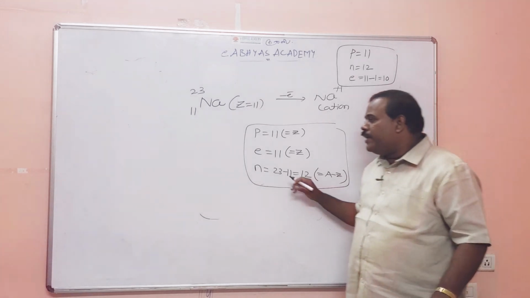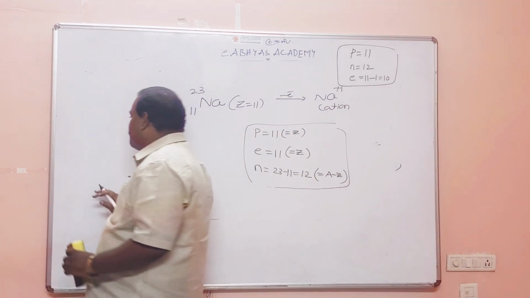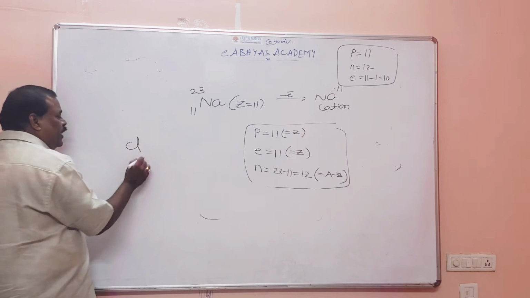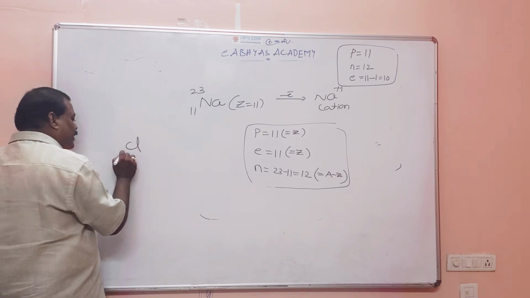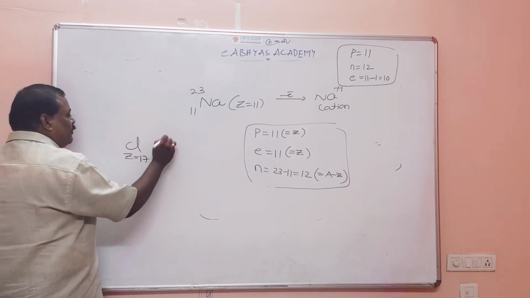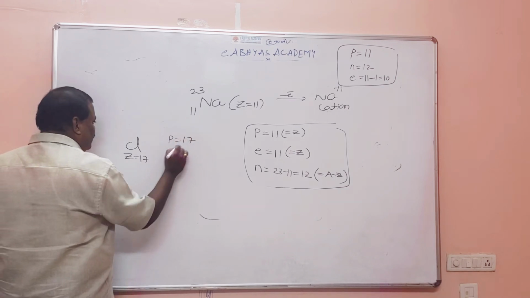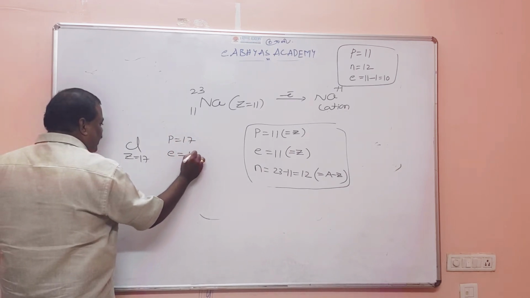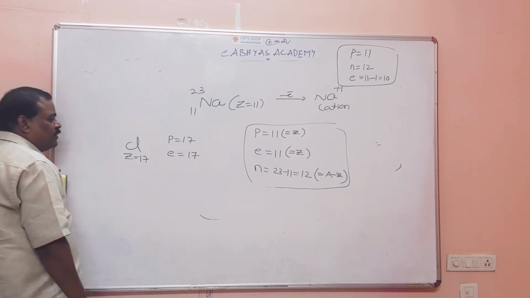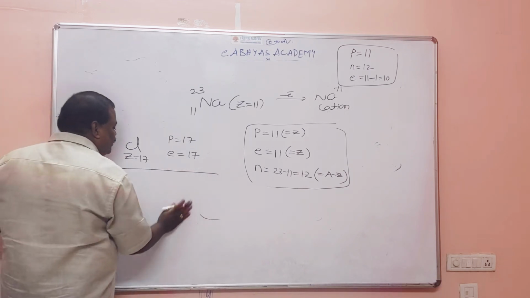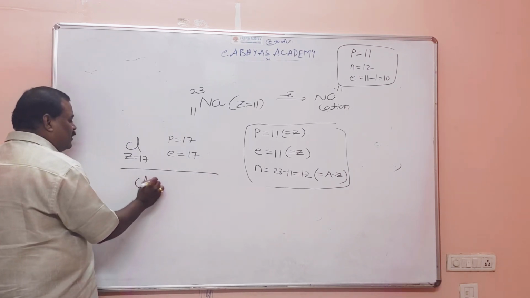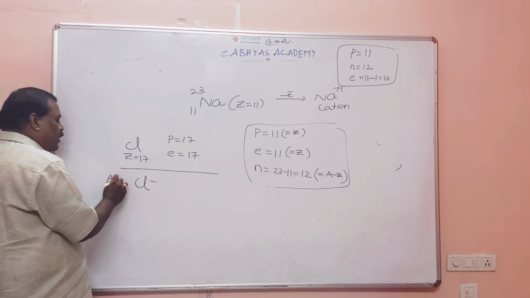Similarly, the same discussion applies to anions. If I take chlorine, atomic number 17, it will have 17 protons, 17 electrons. If it becomes Cl minus, that is called an anion.